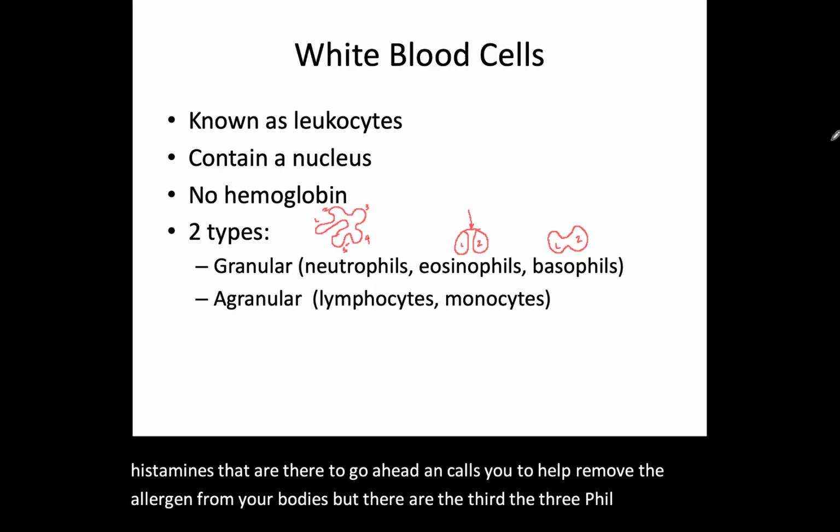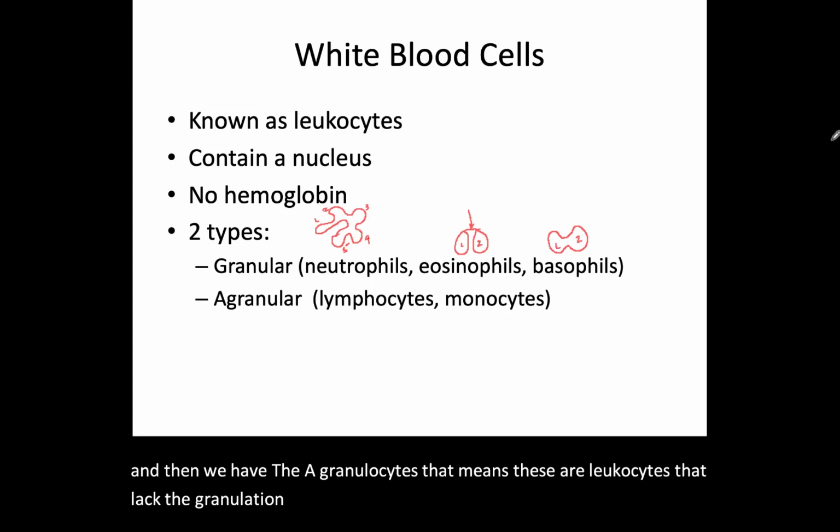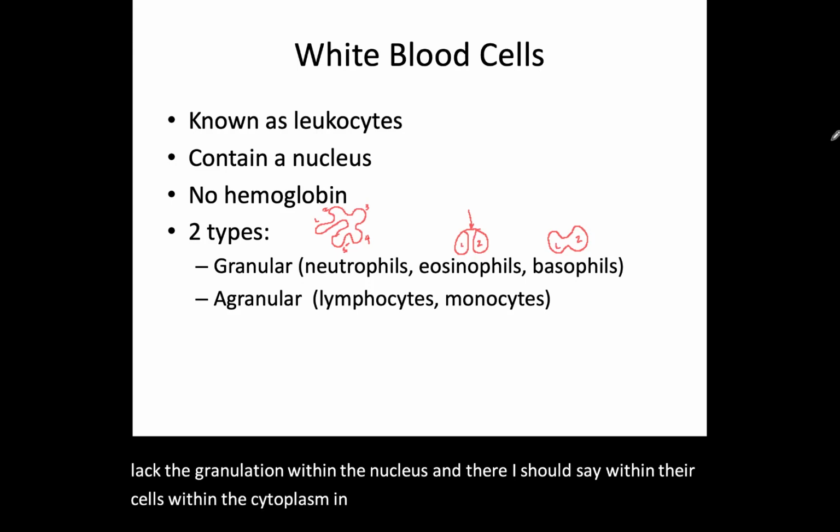Right? And then we have the agranulocytes, and that means these are leukocytes that lack the granulation within the nucleus, or I should say, within their cells, within the cytoplasm, and the nucleus is much, much larger.